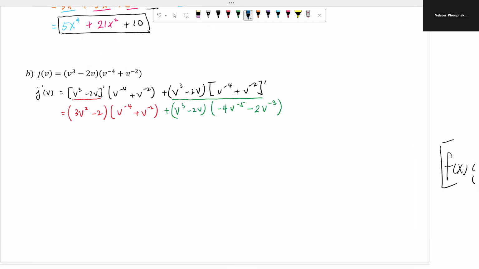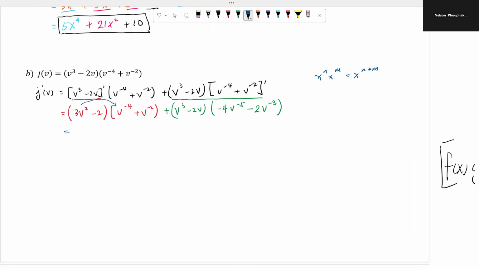Then now, remember when we have x to the n times x to the m, we are adding the powers together, right? It becomes x to the n plus m. So then again, I have this one.